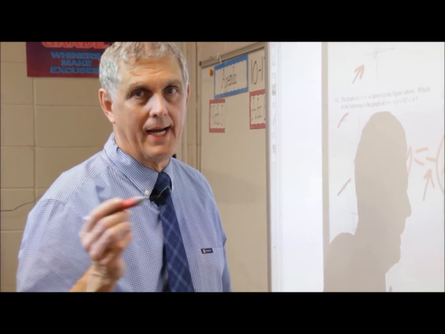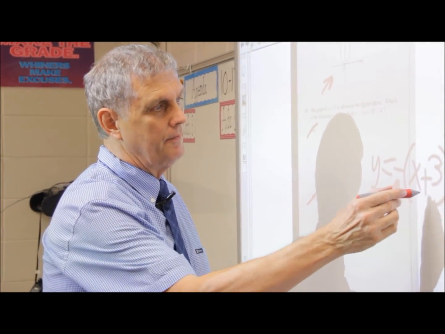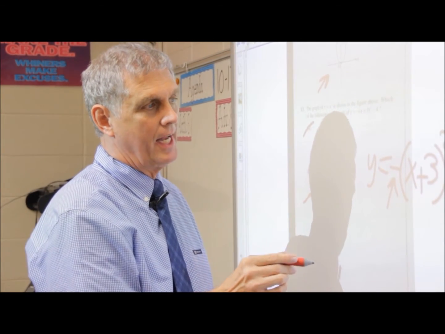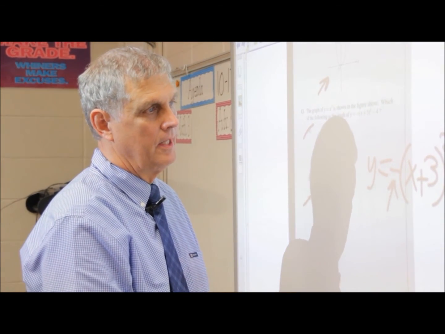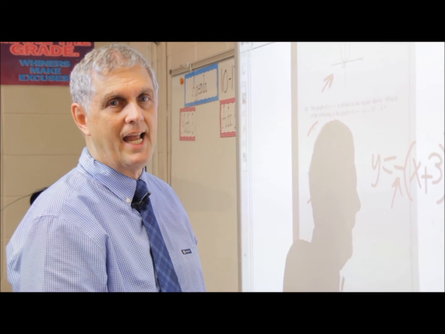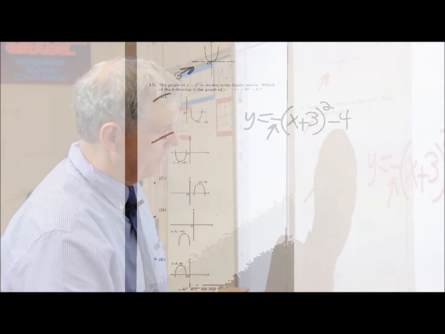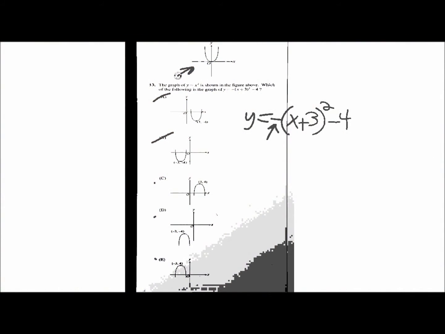The other rule I mentioned earlier was that if there's a constant inside the parentheses, that determines which way it moves on the x-axis, left or right. And if it's a plus, it moves it to the left.